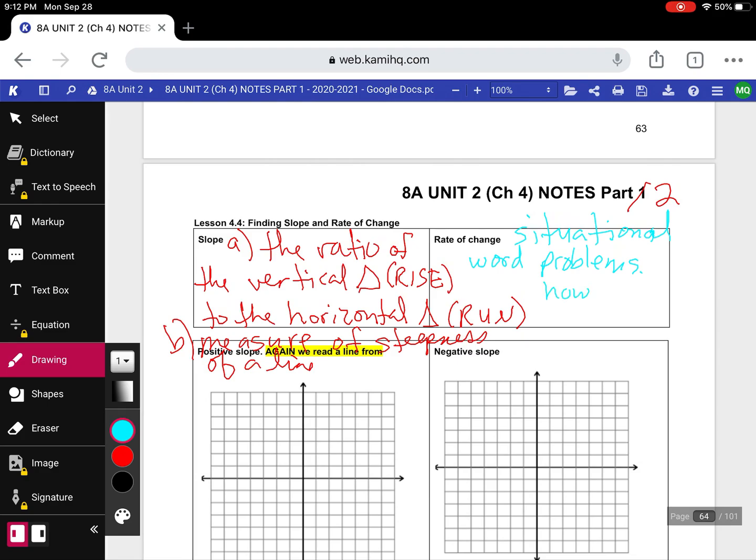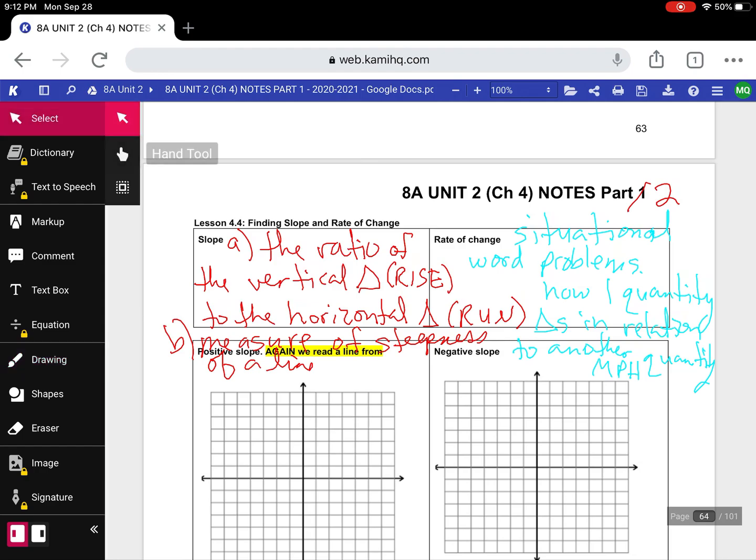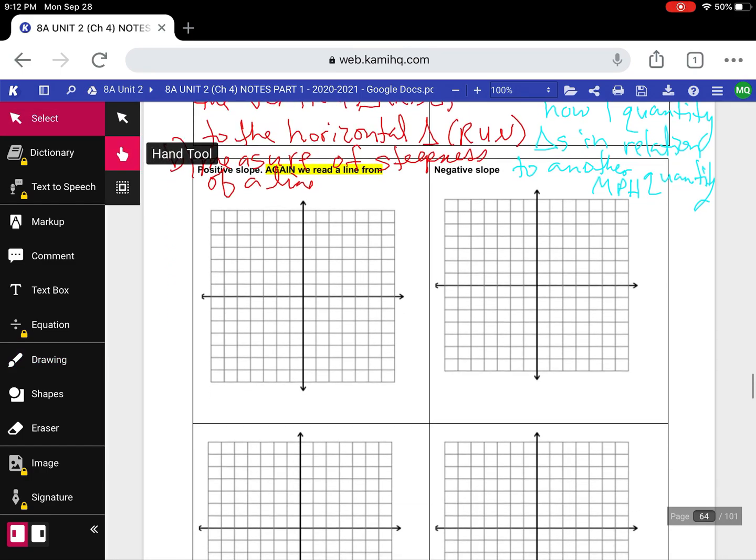And it's how one quantity changes, we're going to use a triangle again, changes in relation to another quantity. You might have things like miles per hour, MPH. That would be a rate of change, miles per hour. That's an example.